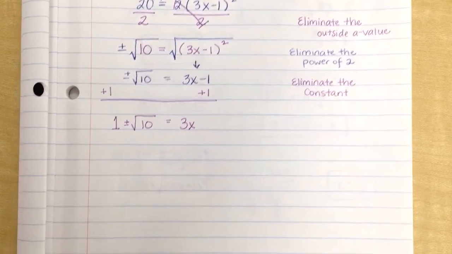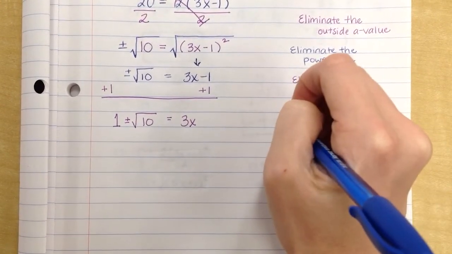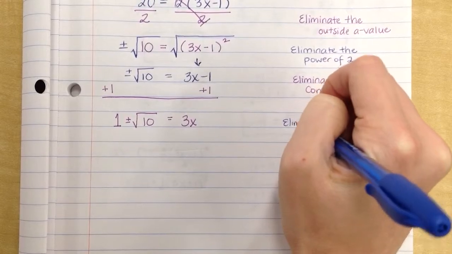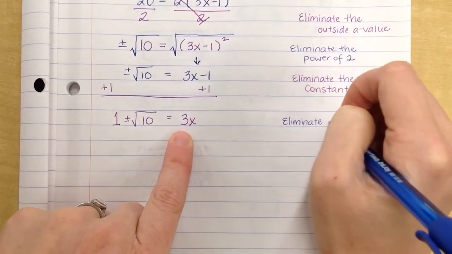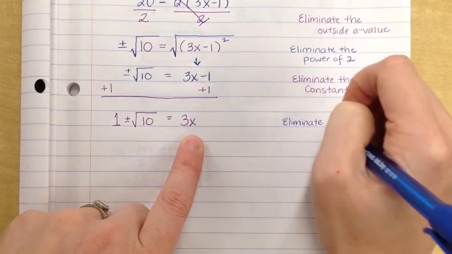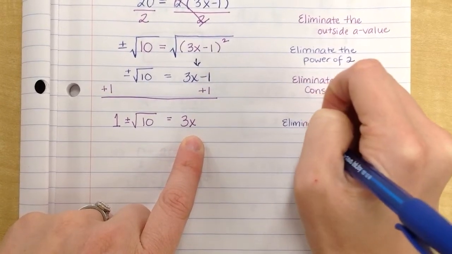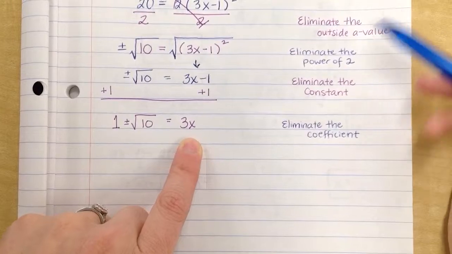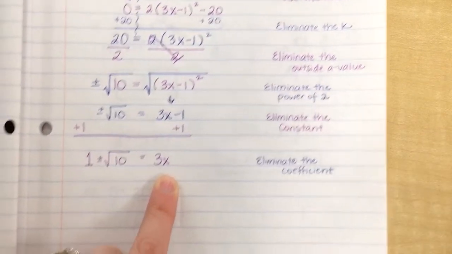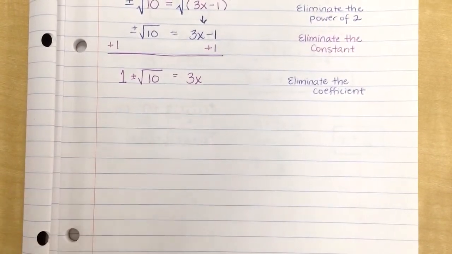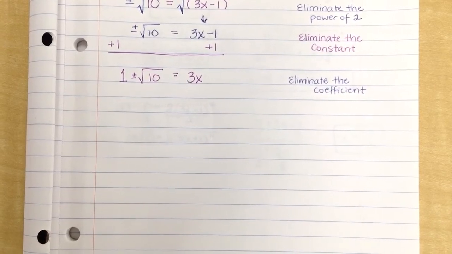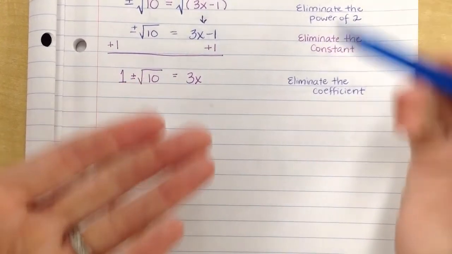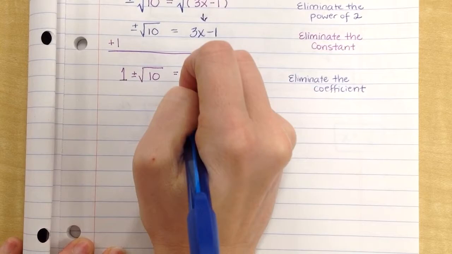My last step is going to be to divide by the coefficient, or eliminate the coefficient. The coefficient is the number that is multiplying the variable. And yes, you should definitely have all the steps listed, mostly for future reference, but also maybe on the test when it asks you to explain all the steps. You already have them for your viewing pleasure.